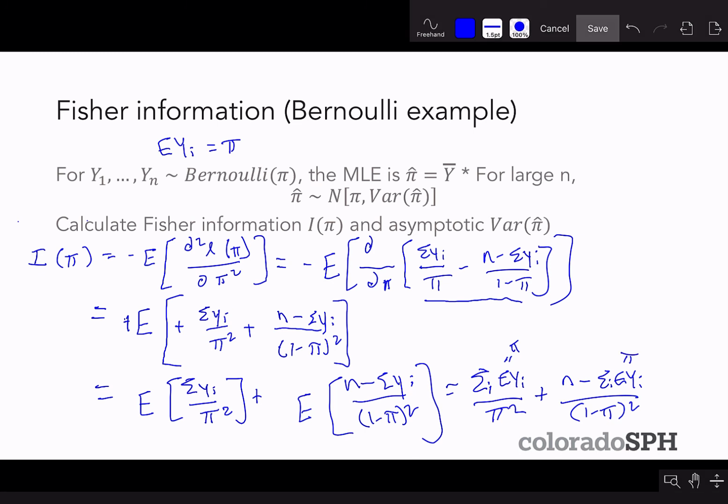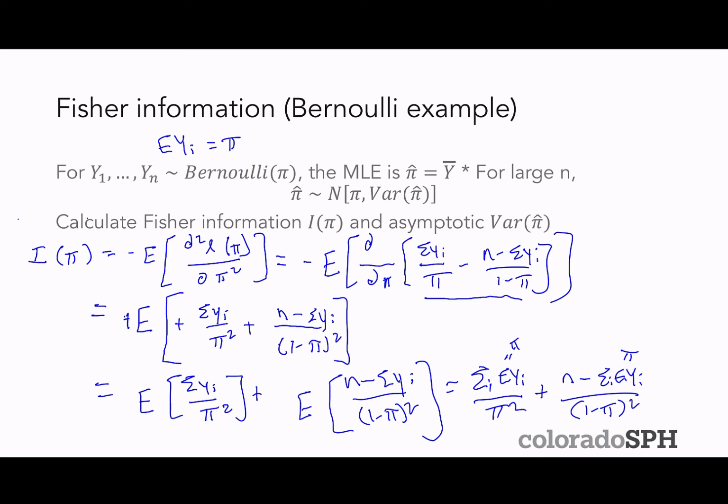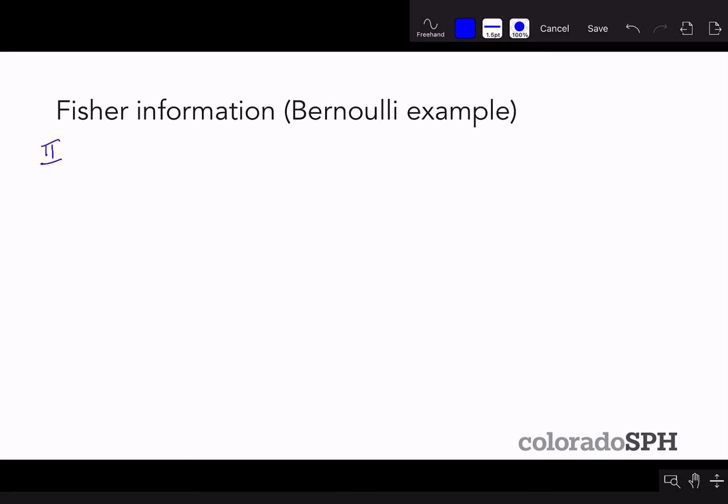And then going to the next page, what you get is n pi over pi squared plus n minus n pi over 1 minus pi squared, which simplifies to n over pi plus n over 1 minus pi, which further simplifies to n over pi times 1 minus pi.